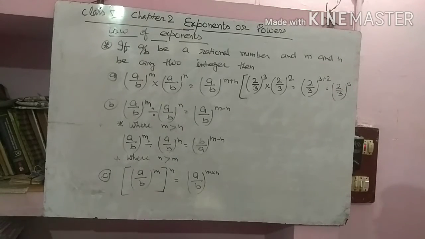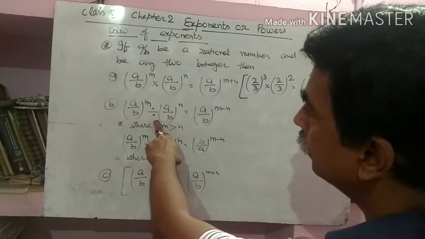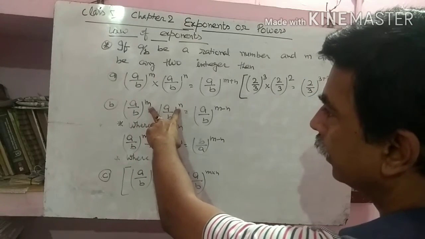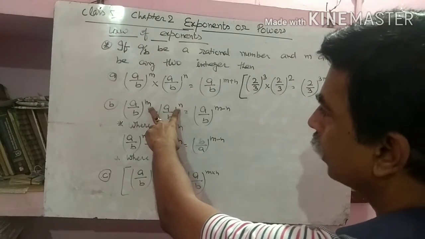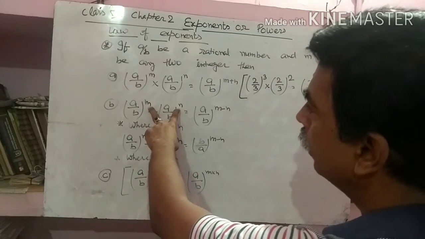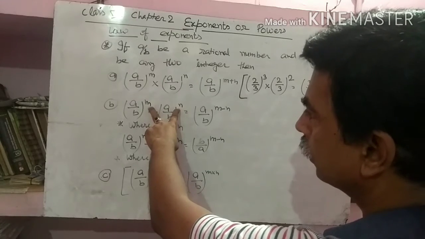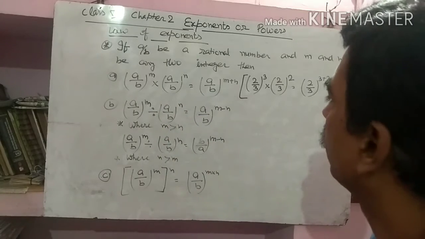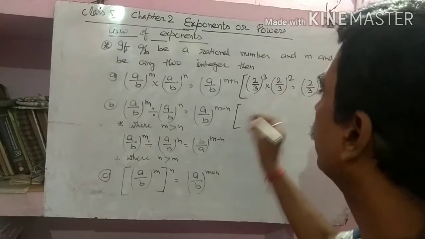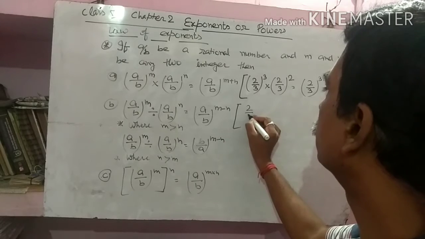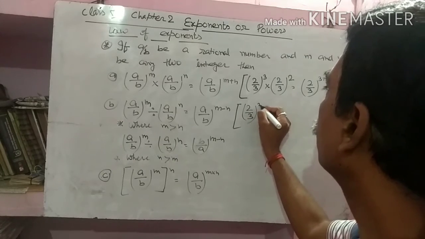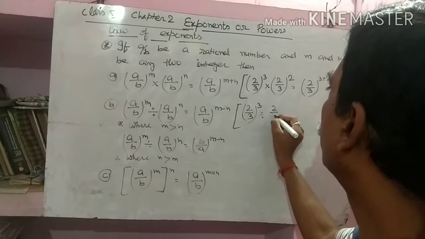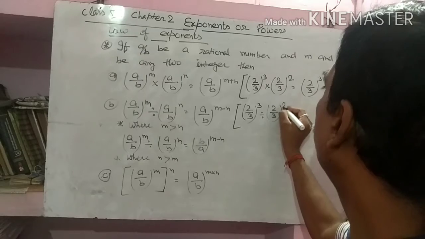The next one is in case of division. If the bases are the same and the powers are different, then the powers are to be subtracted, bigger to smaller. Okay, as m is bigger and n is smaller, suppose a condition like 2 by 3 to the power 3 divided by 2 by 3 to the power 2.